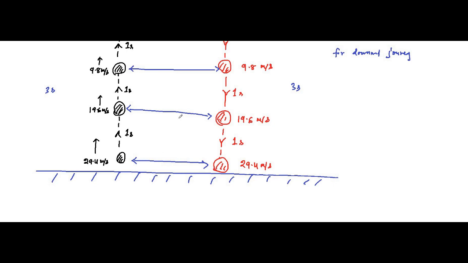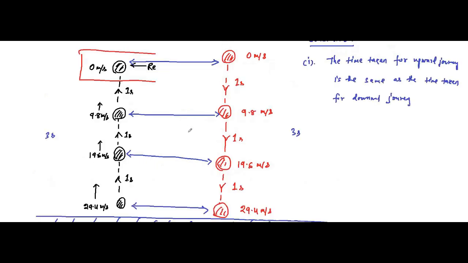So here another important conclusion is that the magnitude of velocity at the identical or same time instance is the same. Here I am telling that only magnitude, not direction.